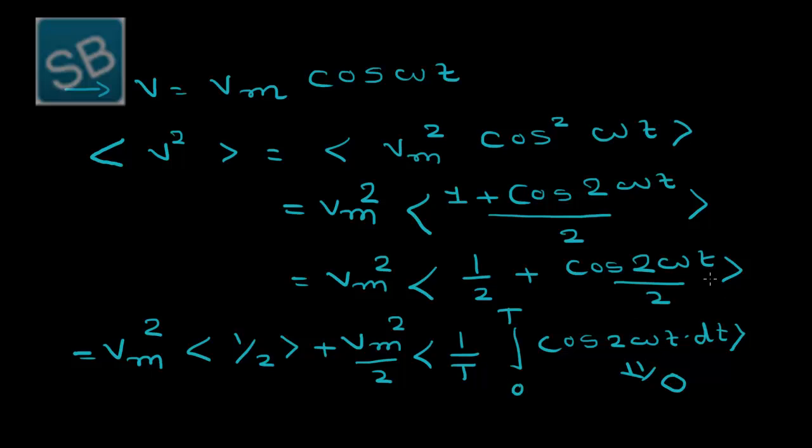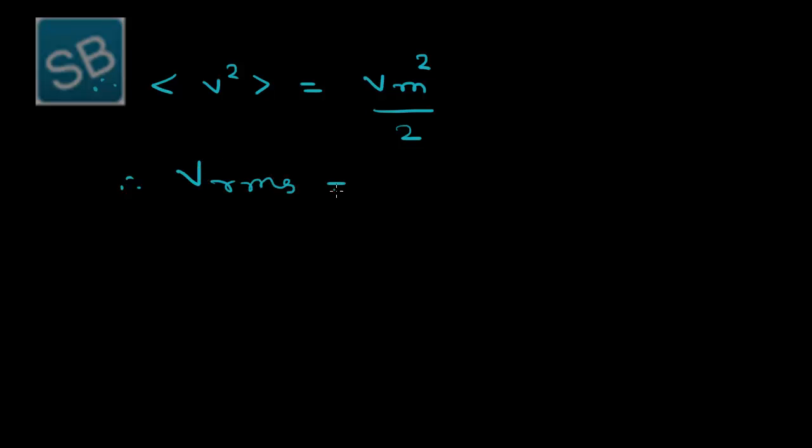So we substitute this as 0. After the addition there will be no extra term, and the average value of 1 half is 1 half itself, so the average value of V square is equal to Vm square divided by 2.